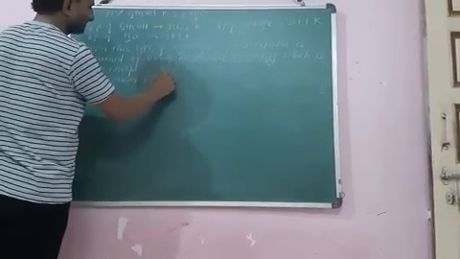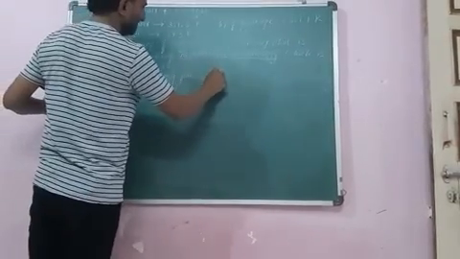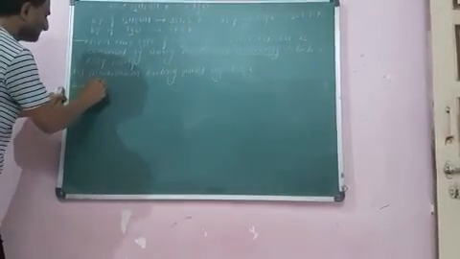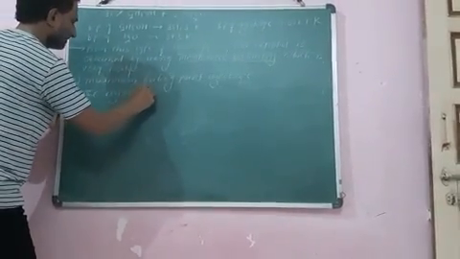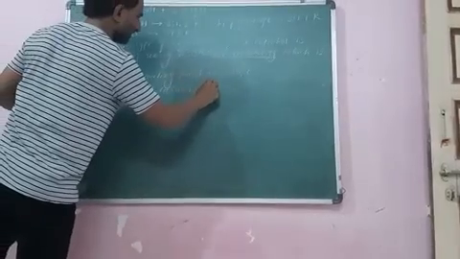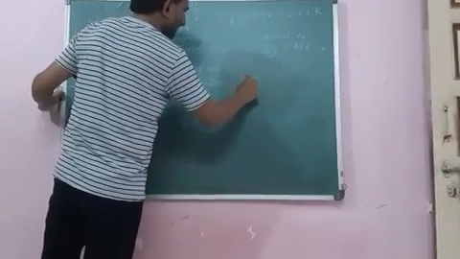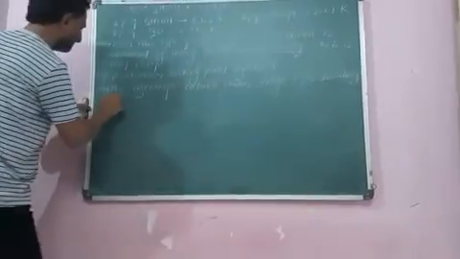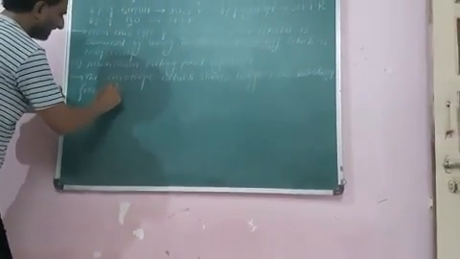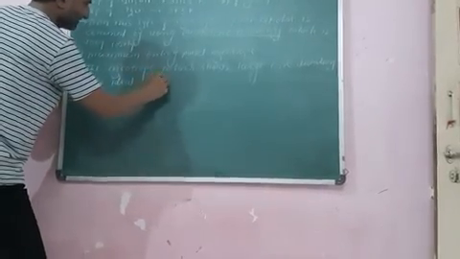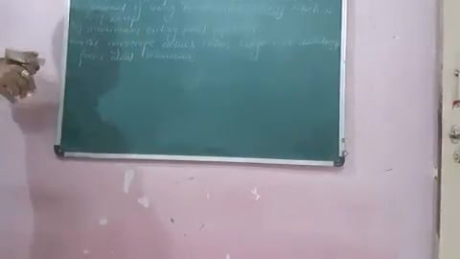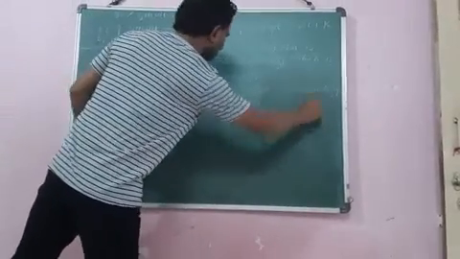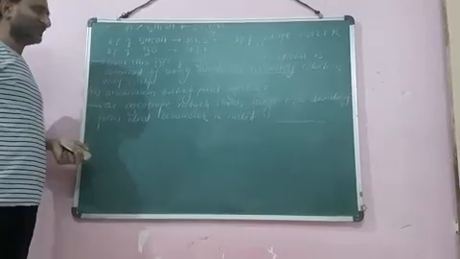The azeotrope which shows large negative deviation from ideal behavior is called maximum boiling point azeotrope.